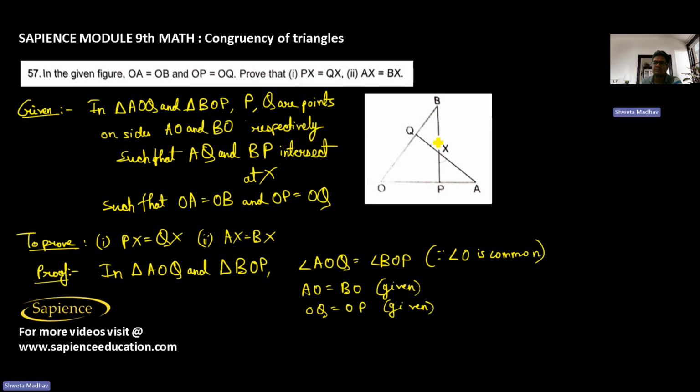So two sides and the included angle are the same. Therefore I can say that triangle AOQ is congruent to triangle BOP by SAS rule of congruency.